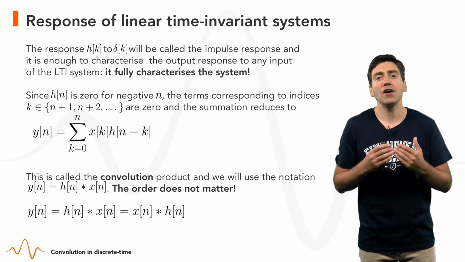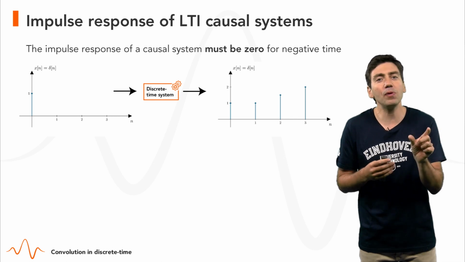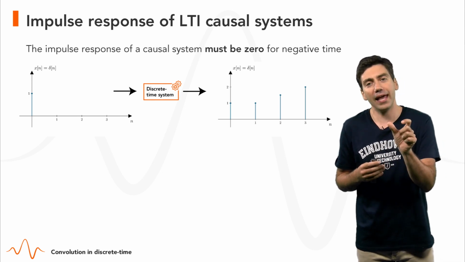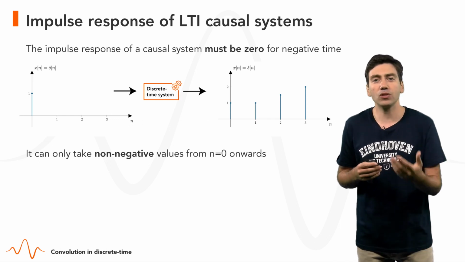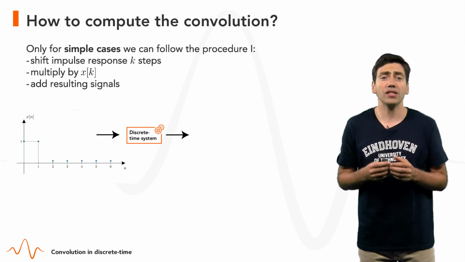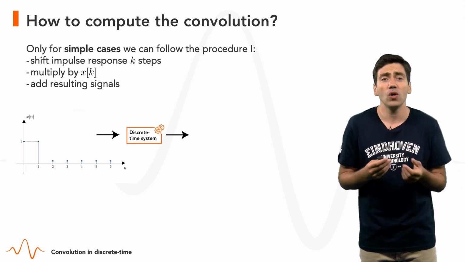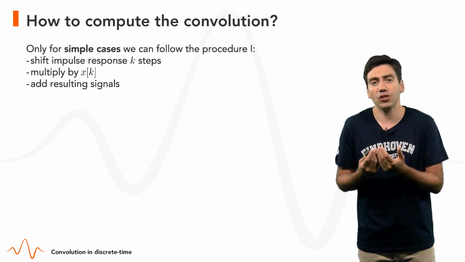This is because for larger values of k, let's say n plus 1, n plus 2, when we replace them in h of n minus k, we obtain h of minus 1, h of minus 2, which is 0. So we are left with this simplified formula, with the summation from k equals 0 until n of x of k, h of n minus k.